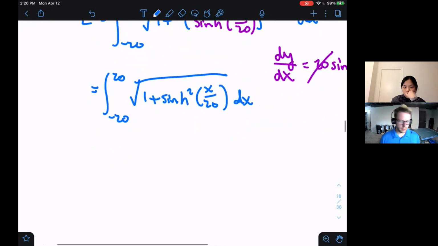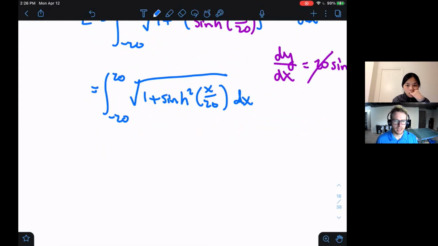All right. And again, the question is, do I have to use trigonometric substitution, or is there some clever way that I can manipulate this using some algebra to make this a little bit easier to integrate?